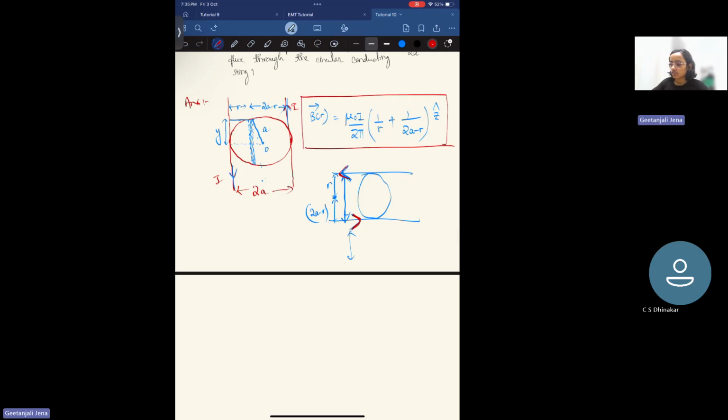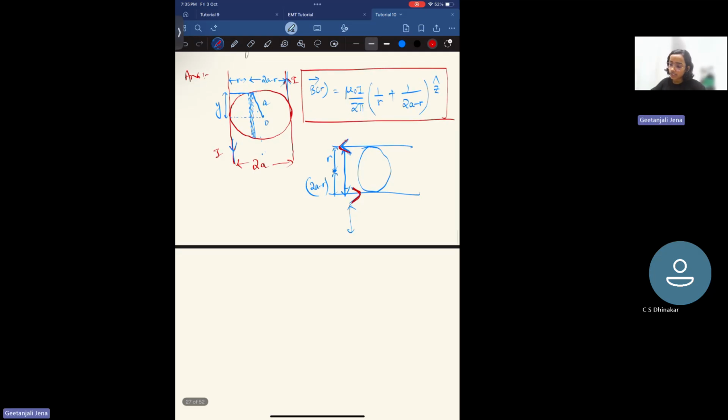So this is the expression. Now to calculate the flux, we need the area of this element. So dr, we know one length element is dr, and now I am taking this vertical distance as y. So the flux through this area of this ring, the shaded area, it is B dS.